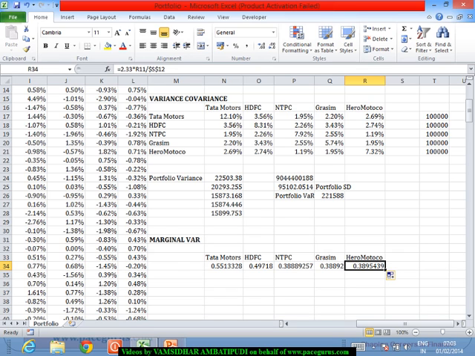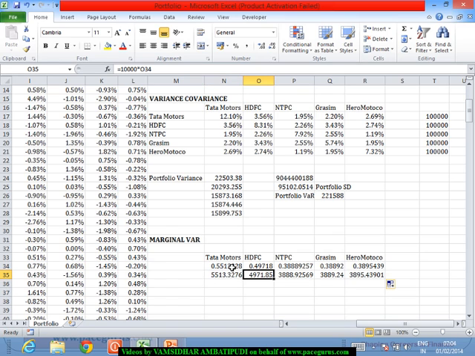So if I am investing 10,000 bucks in each one, probably the additional 10,000 bucks, the overall VAR is going to increase by this much. So if I am investing 10,000 in Tata Motors, probably the VAR is going to be more by this much.